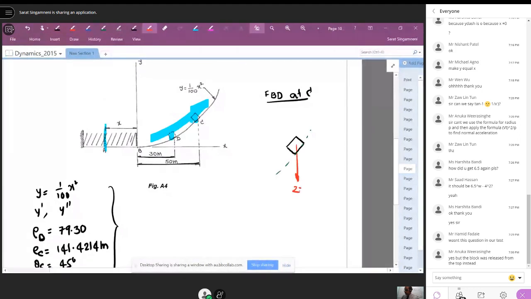Two times 9.81. The normal reaction N acts like this, and we know the tangential direction makes 45 degree. We calculated it already. And this is our normal direction.